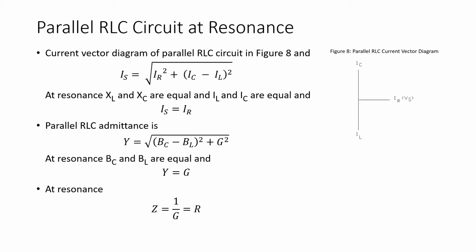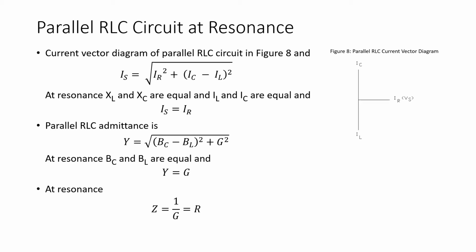Mathematically, I source equals the square root of IR squared plus (IC minus IL) squared. So at resonance, IL and IC are equal, the IC and IL terms will cancel, giving us that I source equals the square root of IR squared, or I source equals IR.